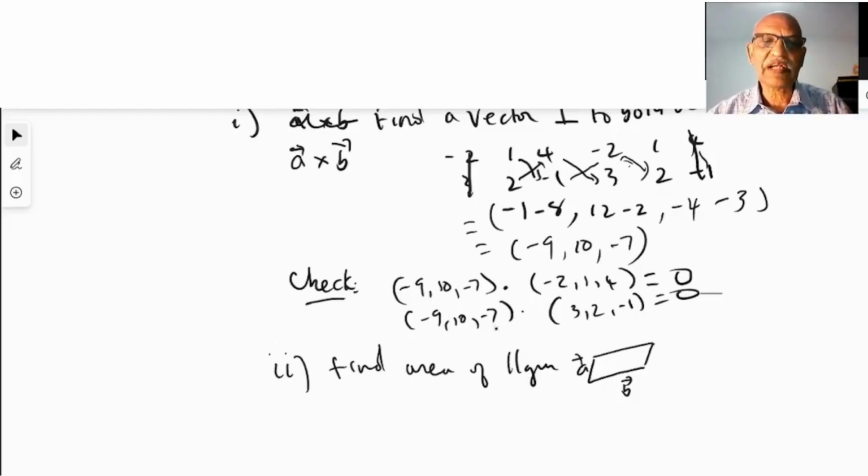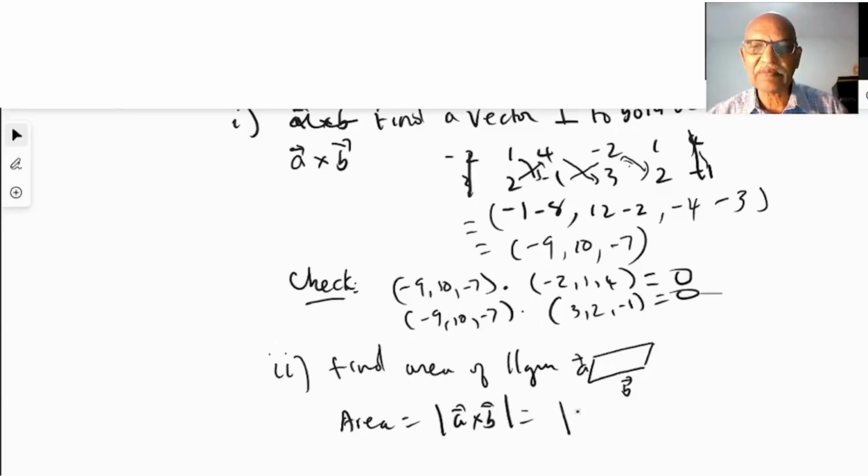The area of the parallelogram will be the magnitude of A cross B, which is the magnitude of the cross product we found, minus 9, 10, minus 7.